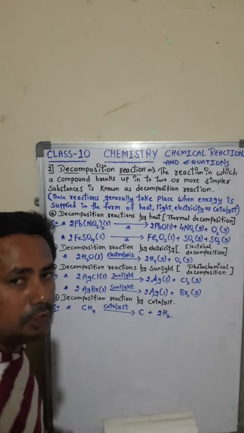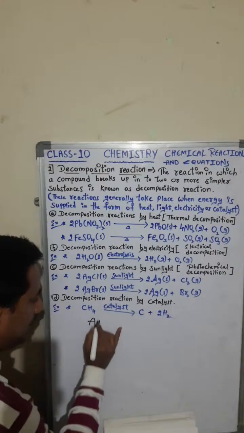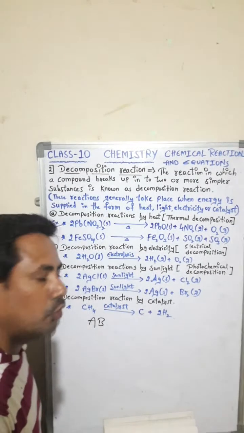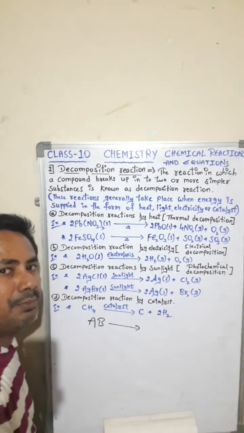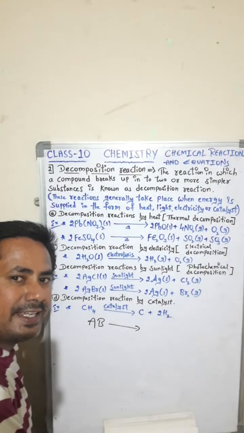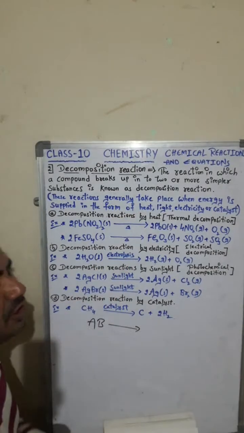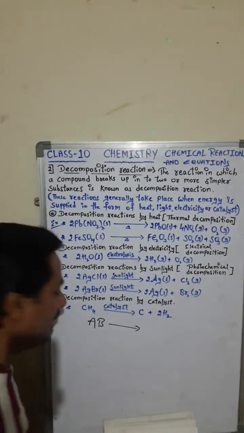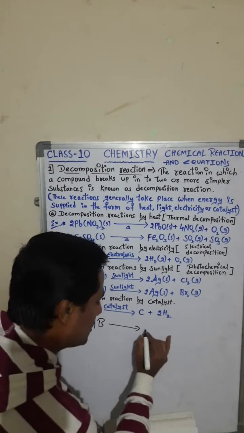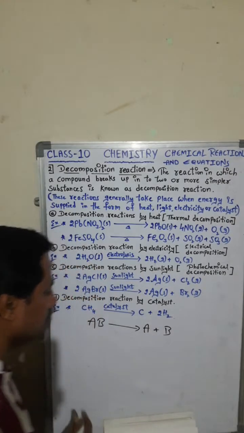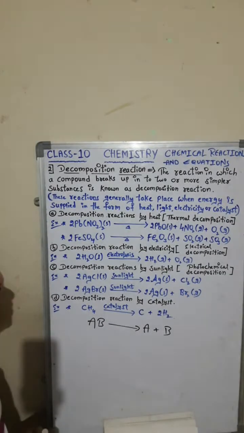I have told you in the last class, one compound will be there, and if we supply energy, either heat, electricity, sunlight, or catalyst, that compound will break down into simpler substances. How? By supplying energy. So this is known as decomposition reaction.